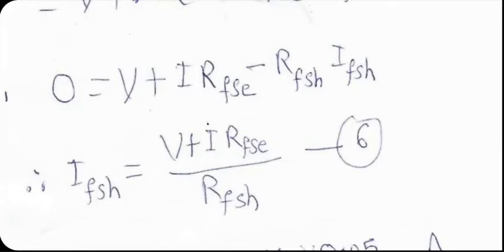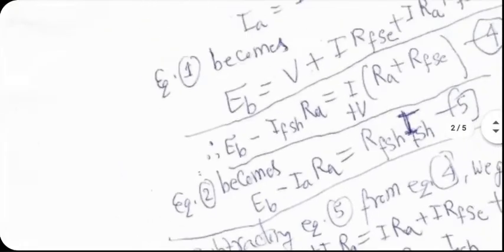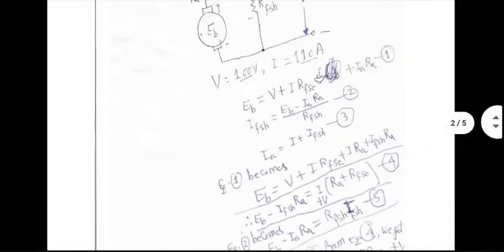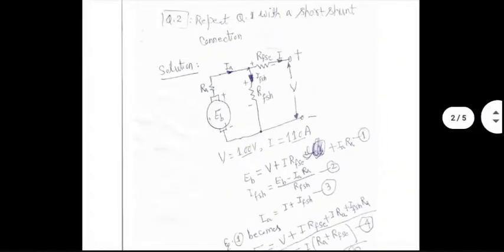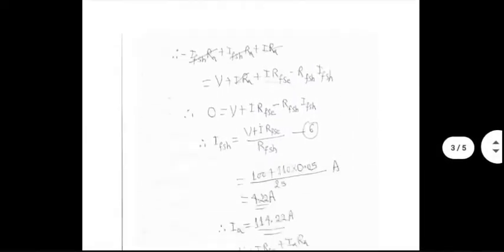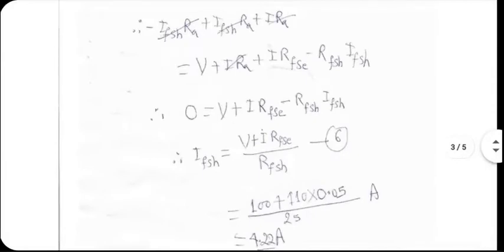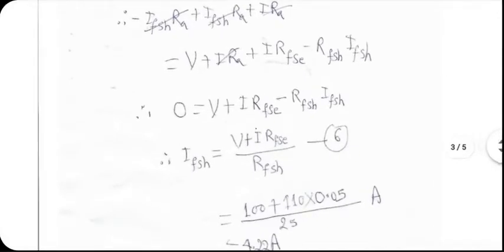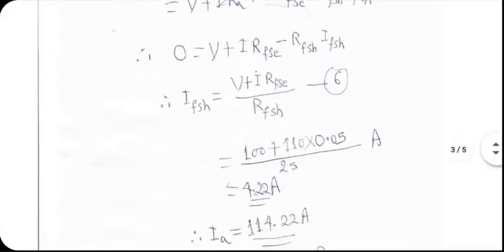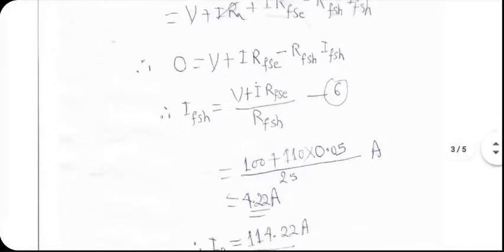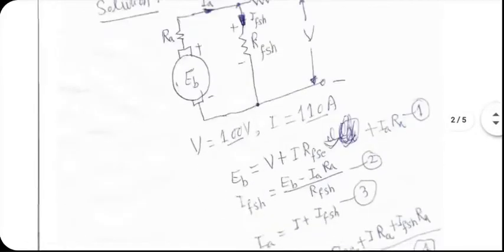This is the formula I get for IFSH in case of a short shunt connection. And once I get the formula, the remaining part is straightforward. I plug in the values. V is known, RFSE is known, RFSH is known, I is known. So I get 4.22 amperes as the value of IFSH.